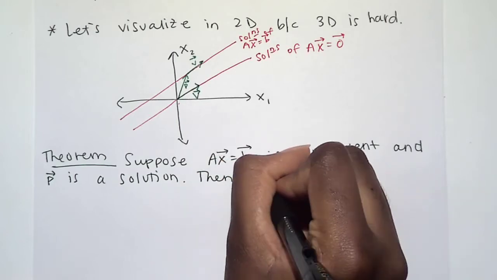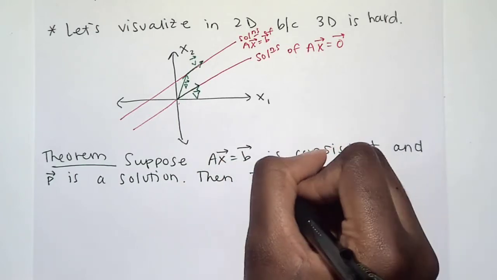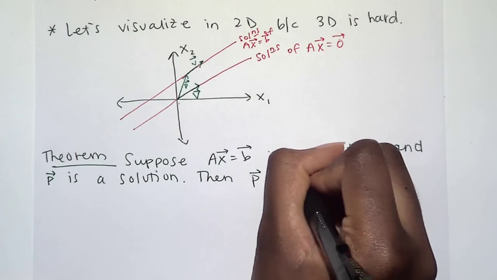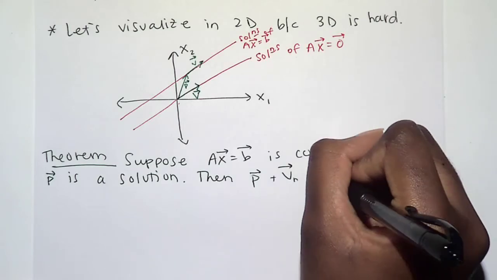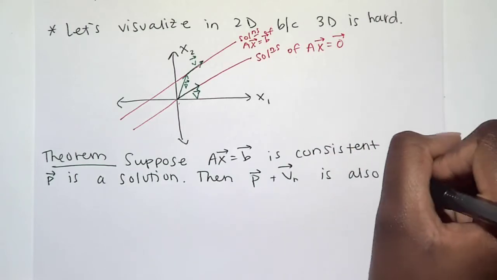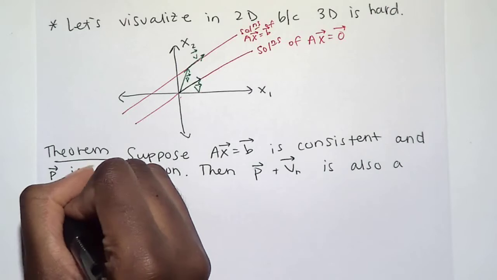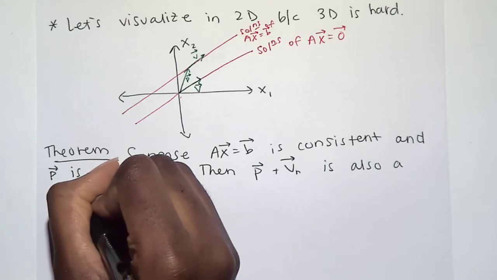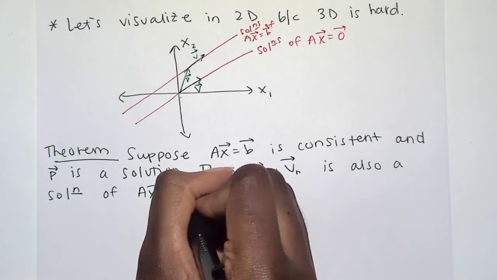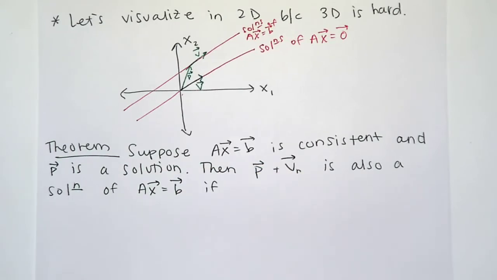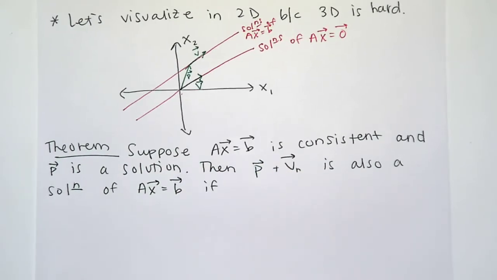Then P plus some vector Vn is also a solution of AX equals B if Vn is a solution of the homogeneous system.